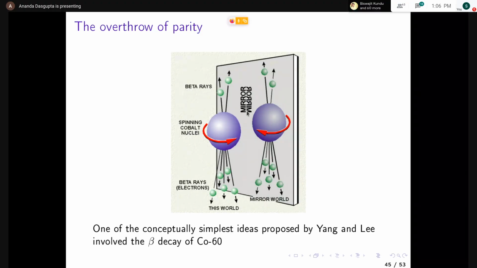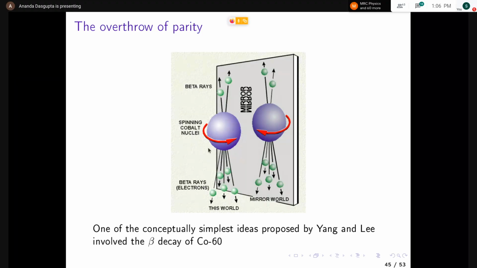Now, if you look at this in the mirror, let's say you're looking at this mirror this way. Of course, in this mirror, the spinning cobalt-60 will spin the other way. But the electrons will still be going in the same direction. This is the original cobalt-60 nucleus spinning and decaying, emitting not one cobalt-60 nucleus, but many cobalt-60 nuclei emitting beta particles.